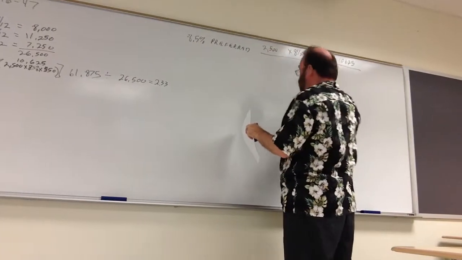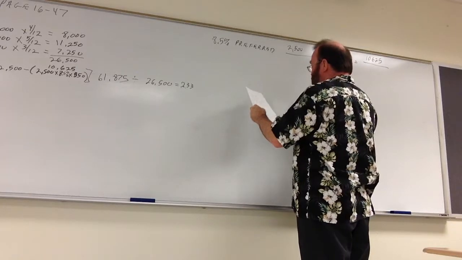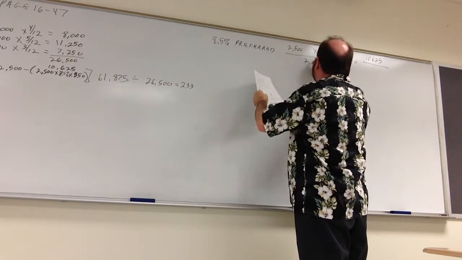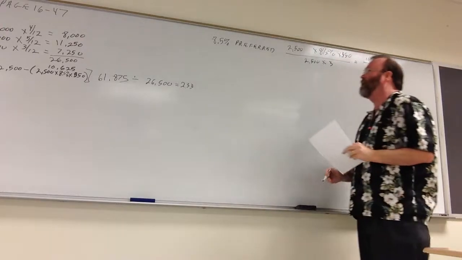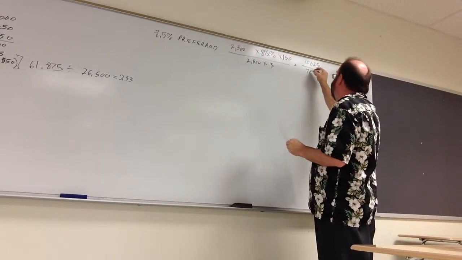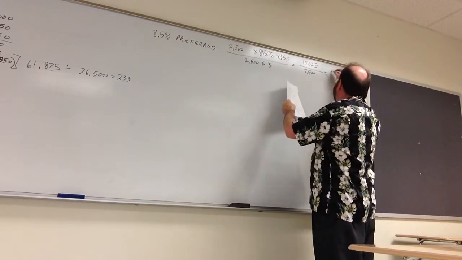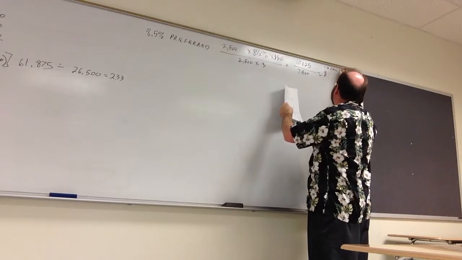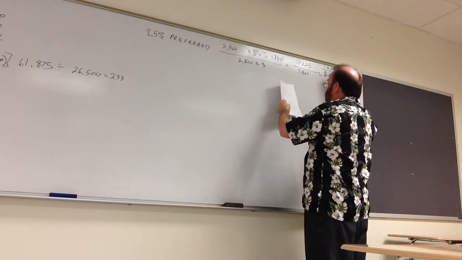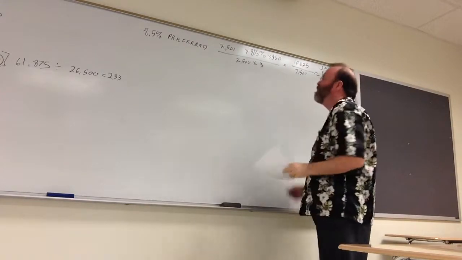Each one of these preferred shares is convertible into 3 shares of stock. With 2,500 of them, that's 7,500 shares, or an impact of $1.42.